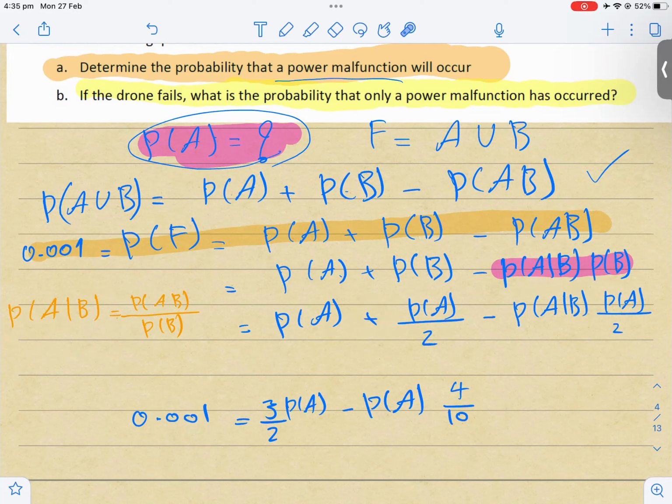All right, so again, this one is equal to probability of A, which is the variable, the unknown one. Probability of B, we already know that it is half of the first reason.